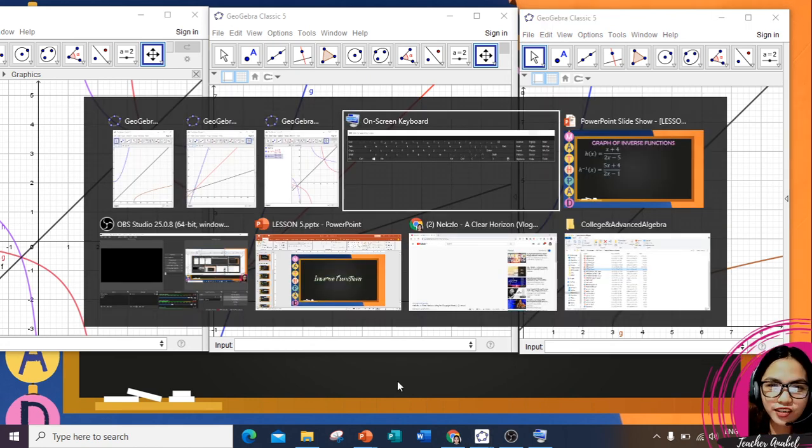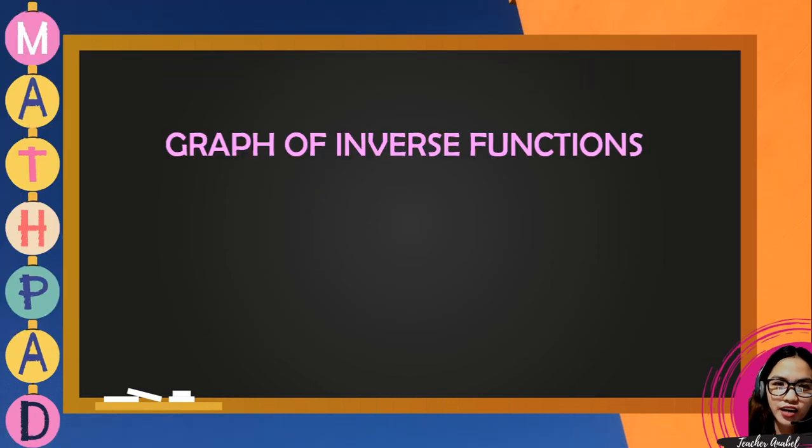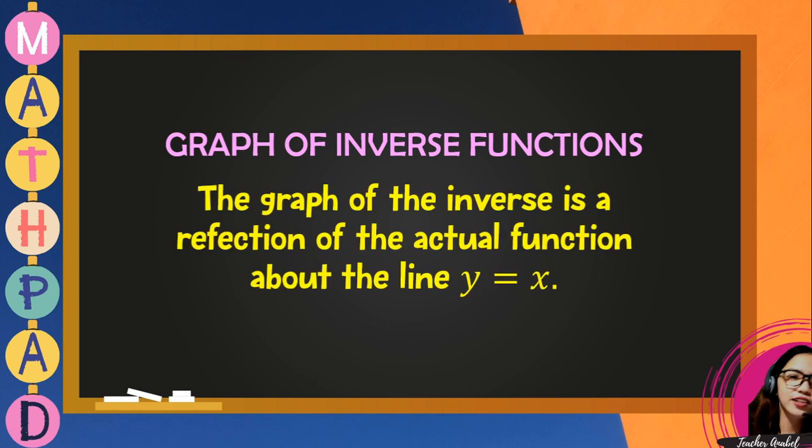Actually correct, no? Ang nasa isip mo ay reflection siya ng isa't isa. You are correct, because the graph of the inverse is a reflection of the actual function about the line y is equal to x. And this will always be the case with the graph of a function and its inverse. So, yun lagi ang case natin.